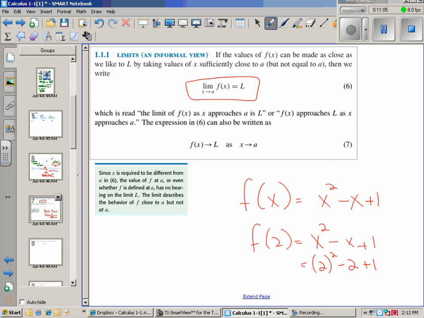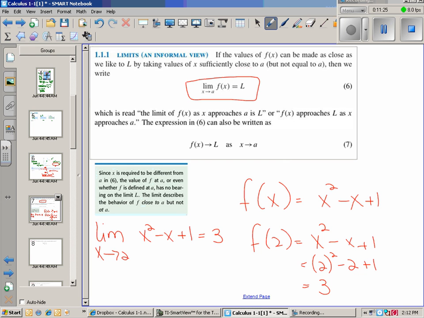If I can simply substitute it in, it turns out that that function value is 3, and therefore the limit is 3. When we write it this way, we say the limit as x approaches 2 of some function, in this case, is equal to 3.